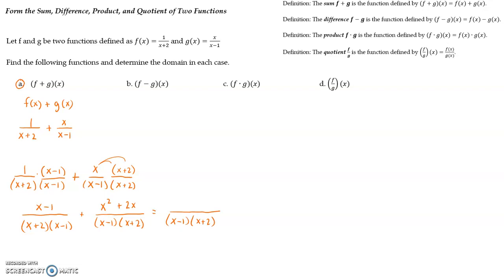And we can combine our like terms on top, because we're adding those two fractions together. I'm going to have an x squared. If I add my x terms together, I've got 2x plus x, which gives a positive 3x. And then I have that minus 1. So there's our function, f plus g of x.